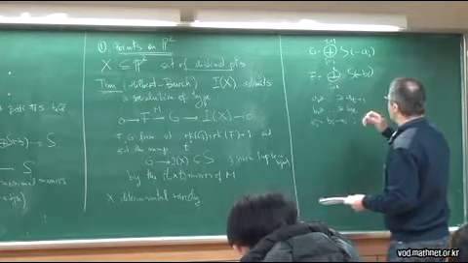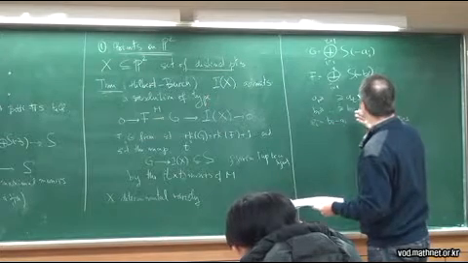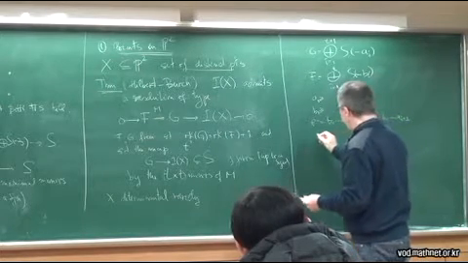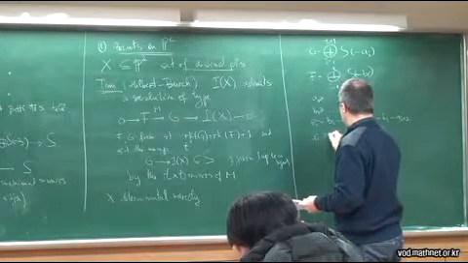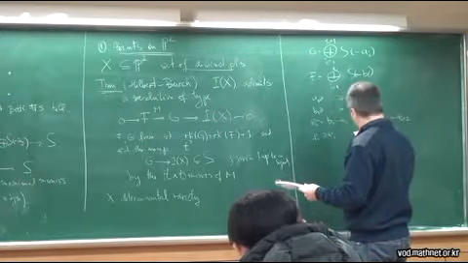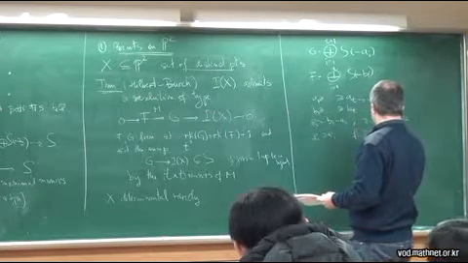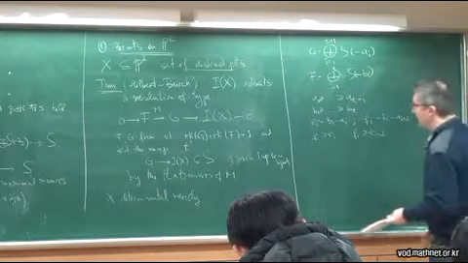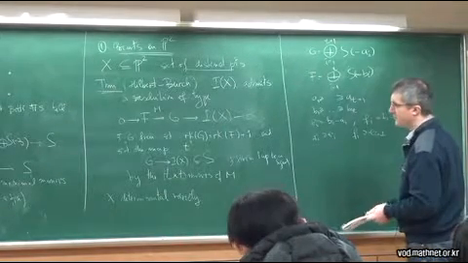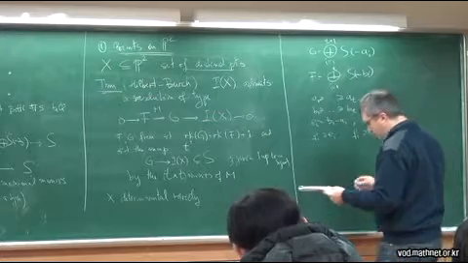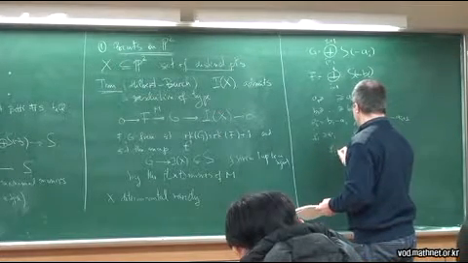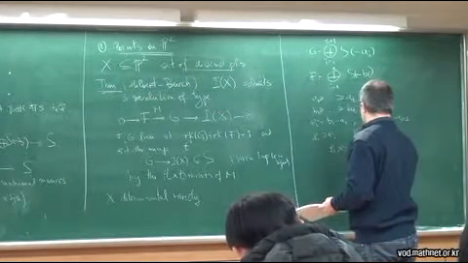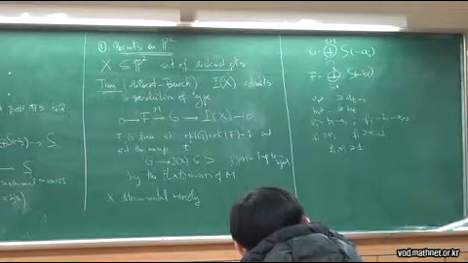Then, just from the definition, we get that f_i is bigger than e_i, but it's also bigger than e_{i+1}. And because the resolution is minimal, we get that f_i and e_i must be greater than or equal to 1.